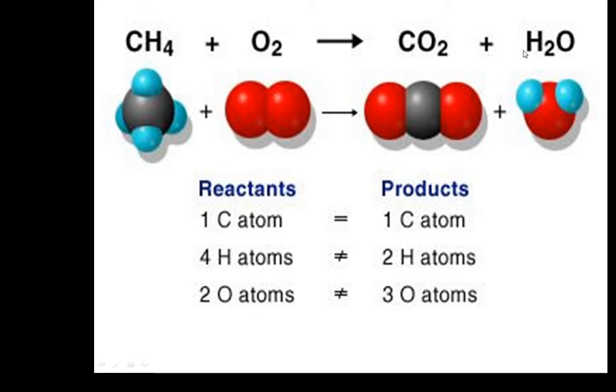So we have to take 2 here, so the hydrogen will be 4 now. So 2H2O, but the oxygen number will vary. If we take 2, then 2O plus 2O, how many oxygen? 4 oxygen, and in the reactant part there are only 2 oxygen.